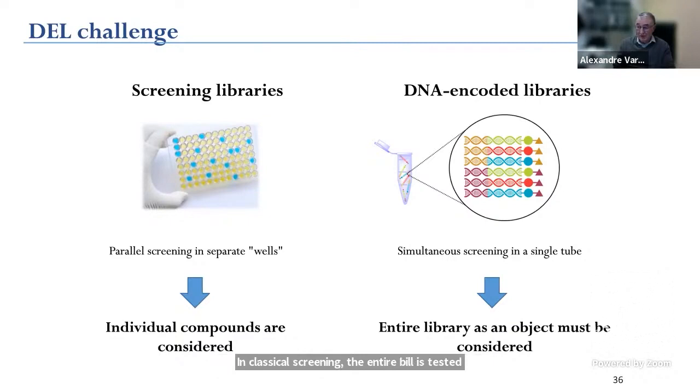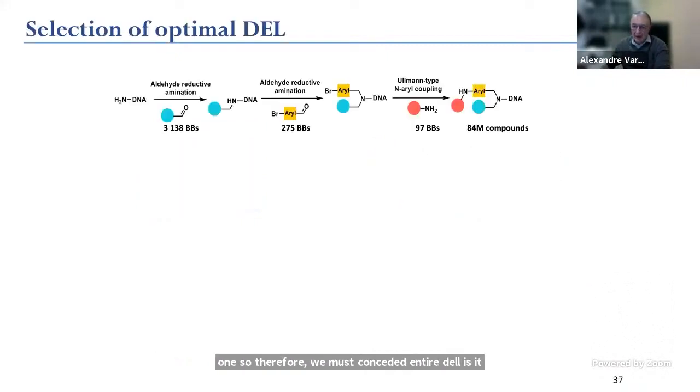So it is not possible to perform cherry picking of DELs. We are not able to take one compound from this cocktail, which is situated in one tube. Therefore, we must consider the entire DEL as one sole cheminformatic object.